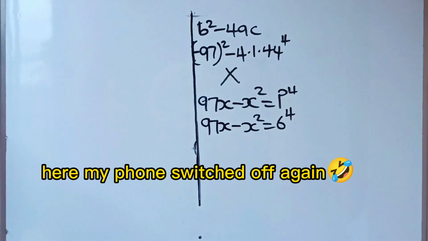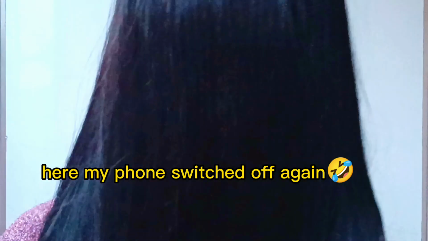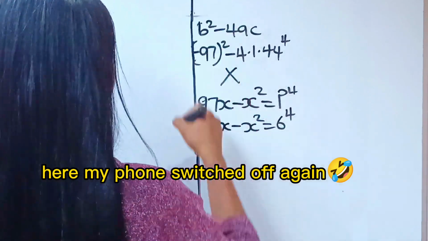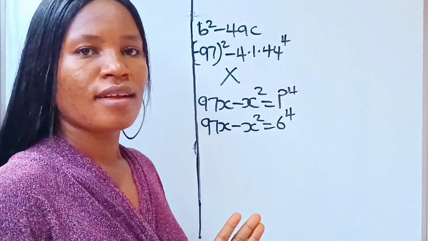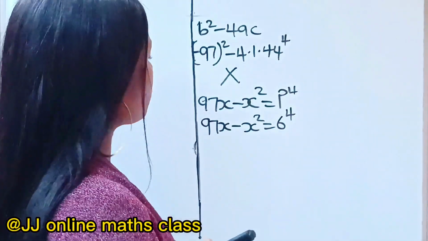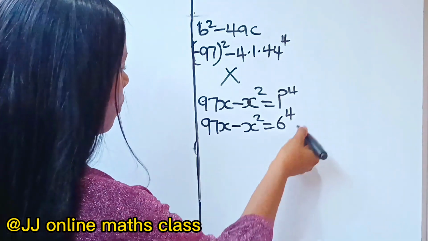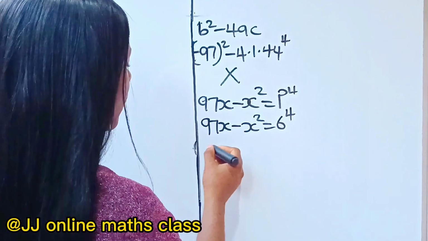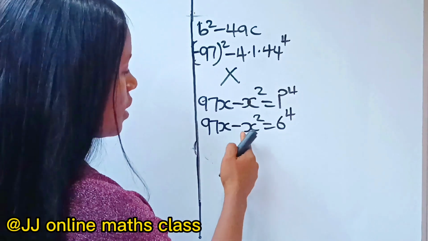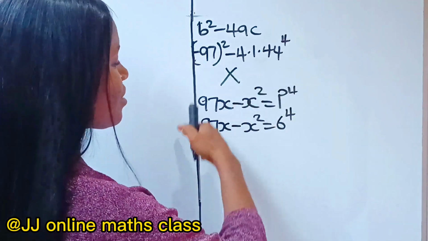Now let's go ahead and factorize then. So let's use the factorization method and find the value of our x. So we have that this minus x squared, let's take everything to the other side.